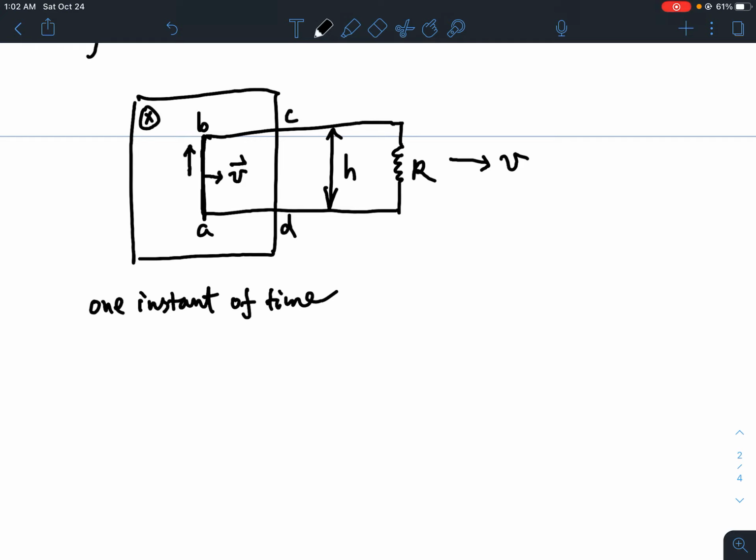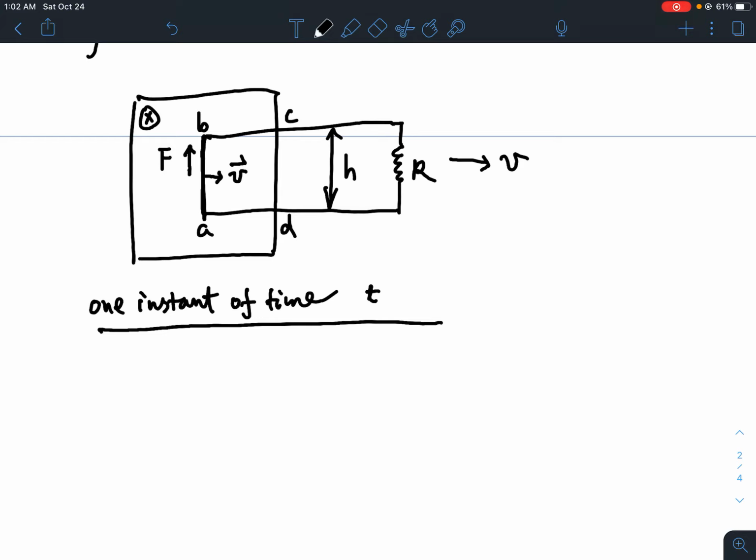Then the force, at this moment, is along the wire direction. We are talking about this one instant of time.